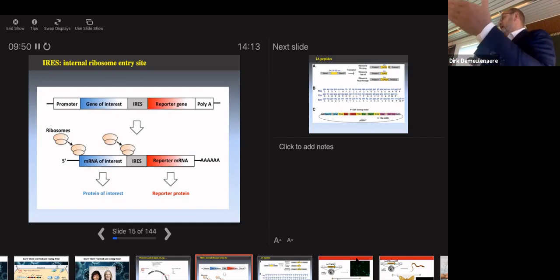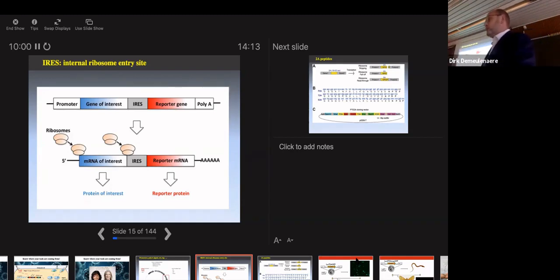We use them for that, but that's not the initial purpose. The purpose of the virus which acquired these sequences, and you find them in different viruses infecting animals, but also infecting plants, is to make translation independent of cap. Of course, we use them in our lab to make polycistronic mRNA that with one mRNA will encode different proteins, but that's not the evolutionary meaning of this IRES sequence.